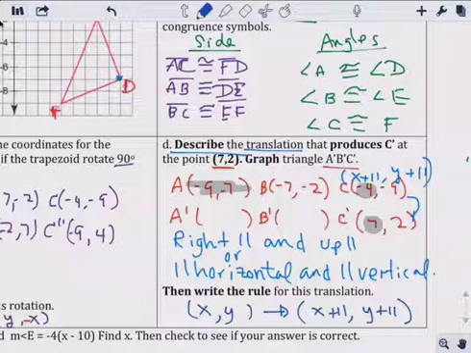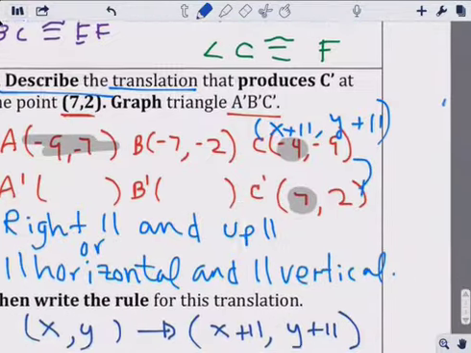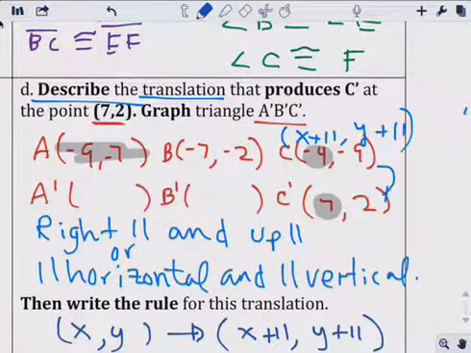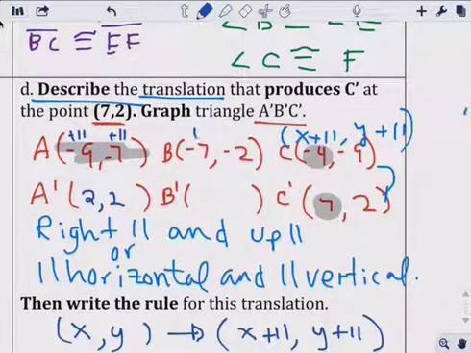So if that's the case, we can fill in the rest. Add 11 here, add 11 here. So we get 2, 2, add 11, we get 4, add 11, and 9. There, right? Double check.